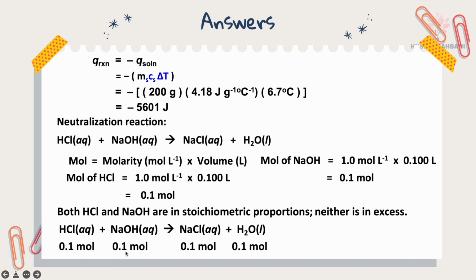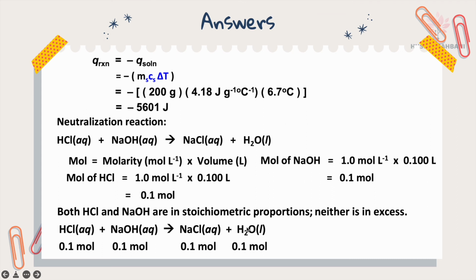0.1 mole reacts with 0.1 mole. Since this is 1 mole for each, 1 mole HCl, 1 mole sodium hydroxide, 1 mole sodium chloride, 1 mole water, so if you compare stoichiometry, all of them are 0.1 mole. The actual number of mole, 0.1 mole. So this amount of heat released by the reaction is for 0.1 mole. The question asks you for 1 mole of water.